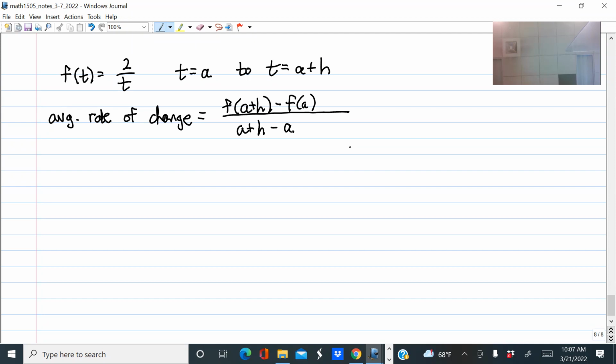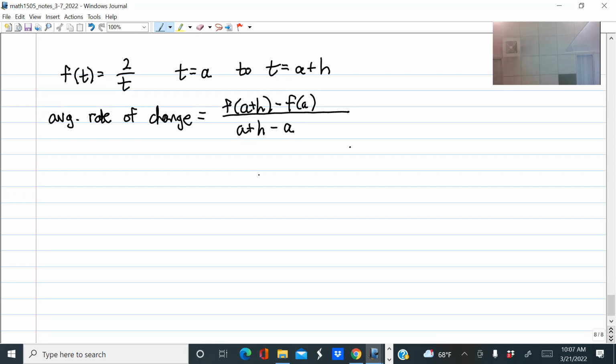So that is really just the slope formula. This is the y value associated with when x is a plus h, or when t is a plus h, and this is the y value f of a when t is equal to a. So this is y2 minus y1 over x2 minus x1, just the same as the slope formula, it just looks different.